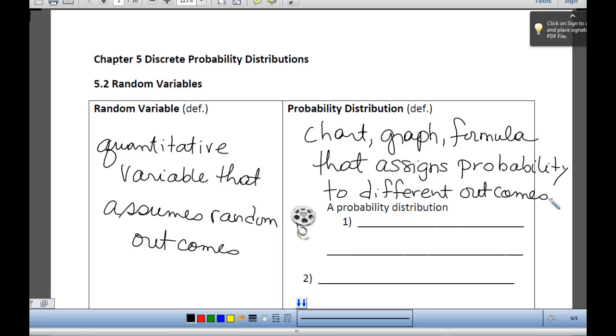But when we talk about a probability distribution, there will be 2 things that you want to do. First of all, we're going to list all possible outcomes. And then list the probability associated with each outcome.